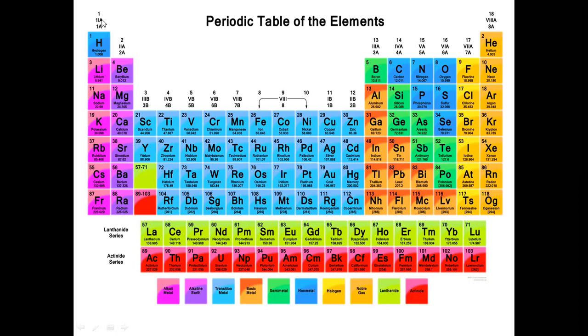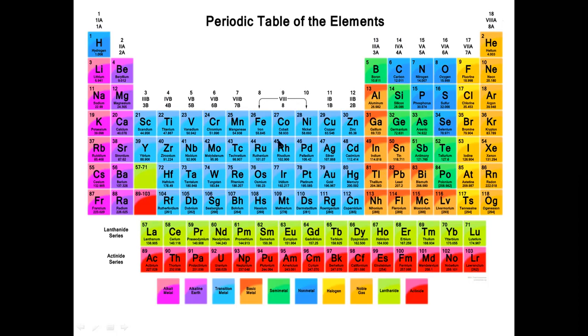In the periodic table, you have 8 groups, 8A group and 8B group. So first is the 8A group. This is the first A, this is the second A, third A, fourth, fifth, sixth, seventh, eighth. So these are the 8A group.